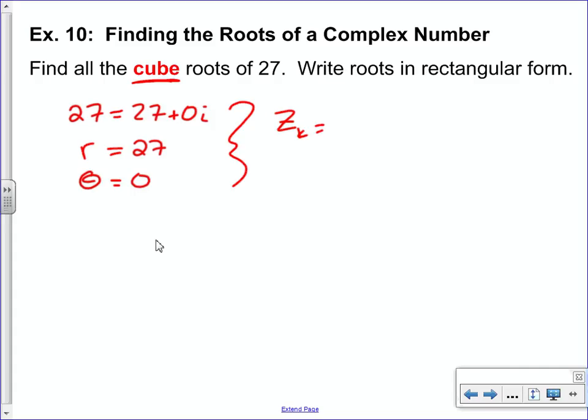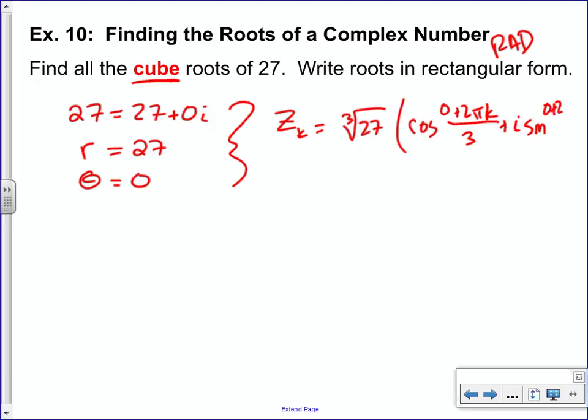So using all this to find the cube roots of 27, it would be the cube root of 27, that's your r, times cosine of 0 plus 2 pi k over 3 plus I sine 0 plus 2 pi k over 3.